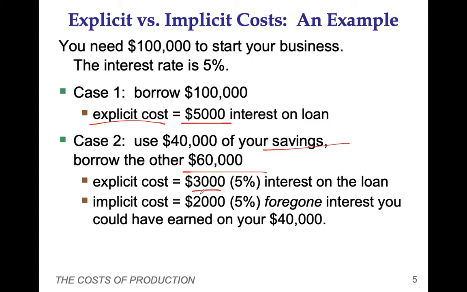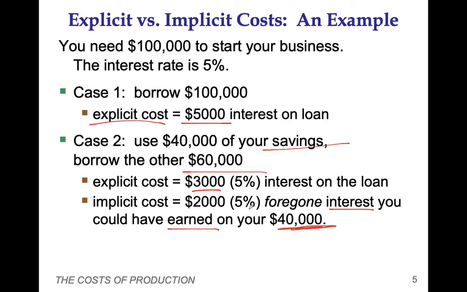But in case 2, there is an implicit cost. What is this implicit cost? It is what we gave up. By using $40,000 of our savings, we gave up an interest we could have earned from these $40,000 of savings.